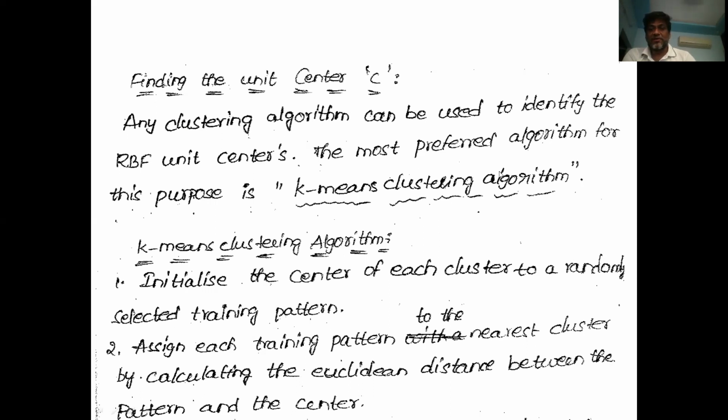The most preferred algorithm for this purpose is the k-means clustering algorithm. You can use k-means clustering to select centers for your RBF neural network, especially for the hidden neurons. Let us go through the steps of how it works.